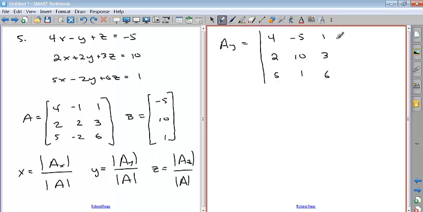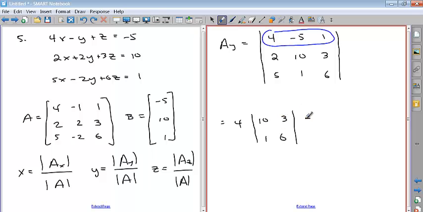So we get that. That's the thing we did the determinant of. Again, I'm going to use this top row. So I got 4 times, well, let's show you. So 4 times the determinant of these 4, 10, 3, 1, 6.